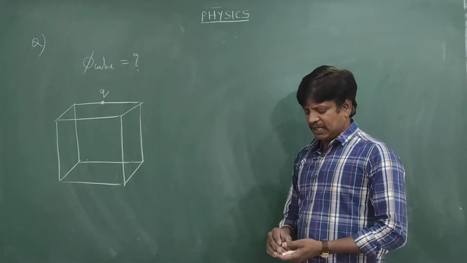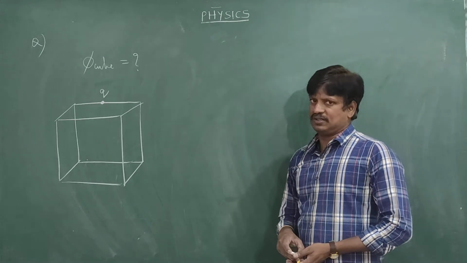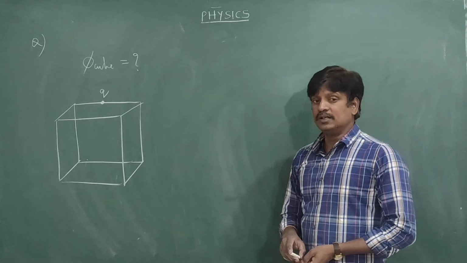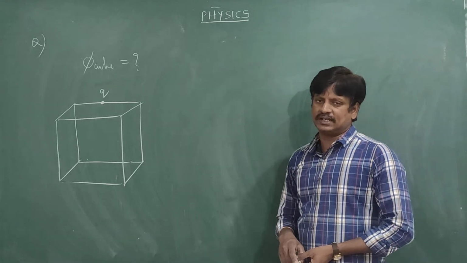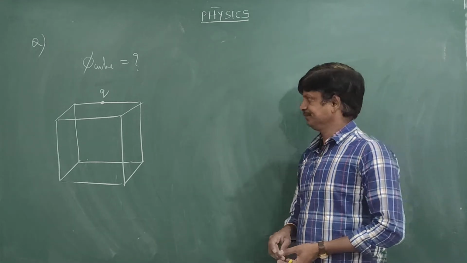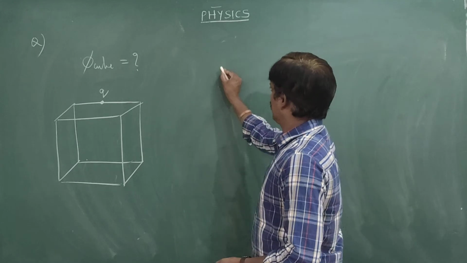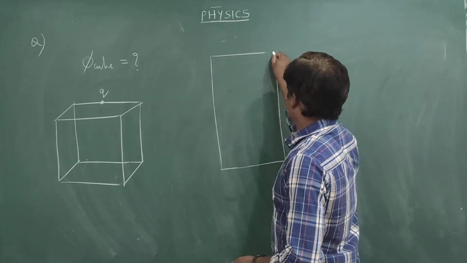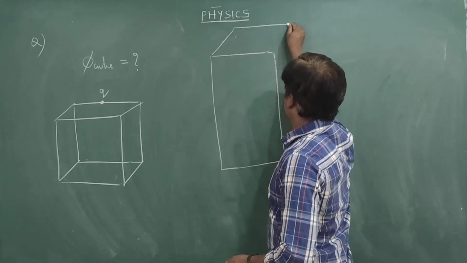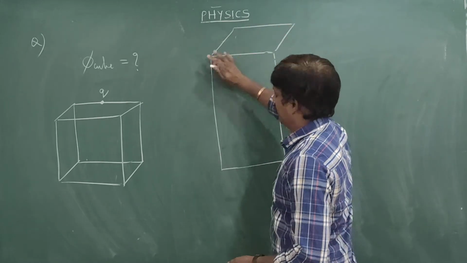Then, how can we imagine a Gaussian surface such that it is symmetrical, such that the charge is inside the closed surface? Can we imagine like this? Try to think a little bit. This is where your imagination is required.